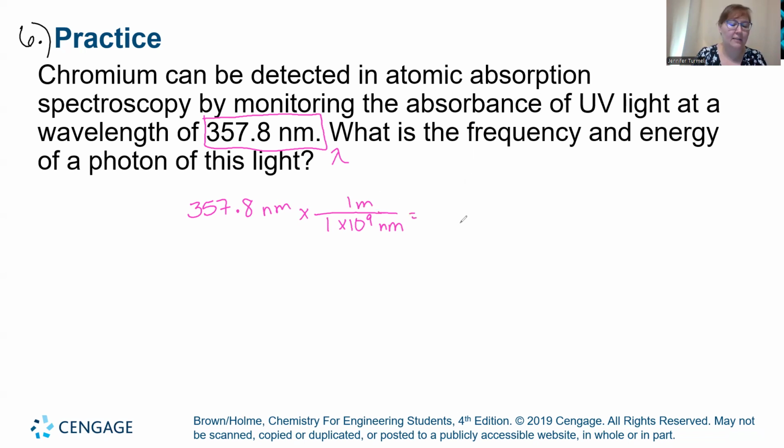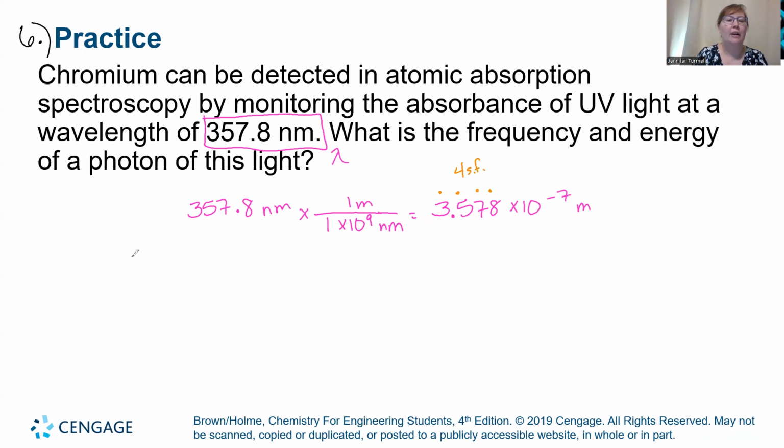This gives us 3.578 times 10 to the negative 7th meters. That's always got to be the first step. We have 4 significant figures here.